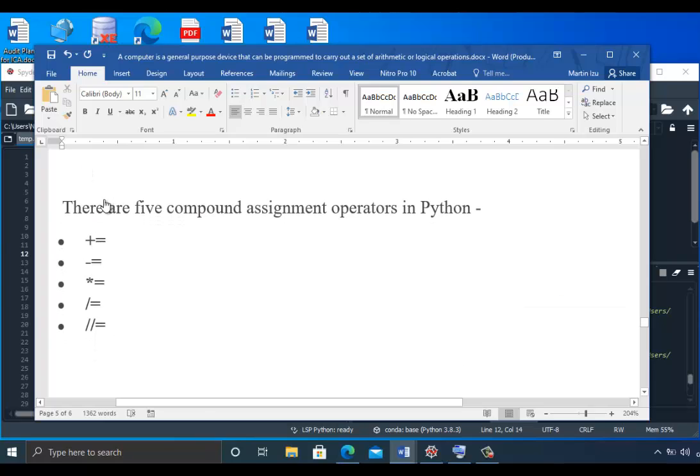Now these are the compound operators. Compound operators are two operators put together.